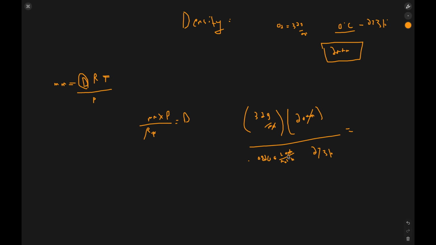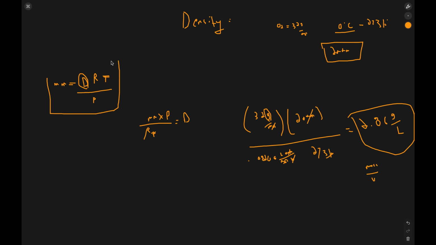Your moles also cancel out, and the temperature cancels out. So now we do 32 times 2 divided by 0.08206 times 273, which equals 2.86. Your units are grams over liters, so you have grams per liter. And those are the units for density, mass over volume. And that's how we do density problems. So remember this equation because it will be your friend.